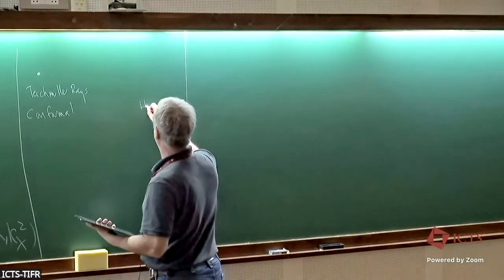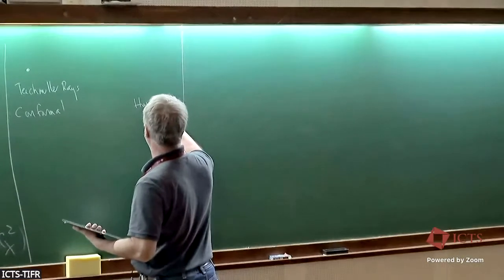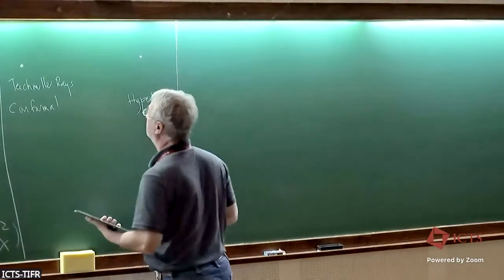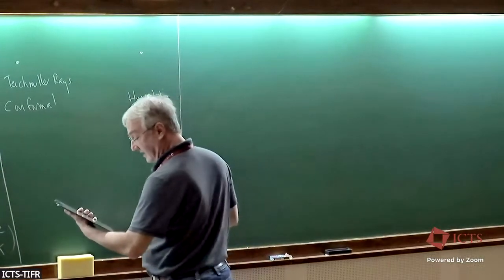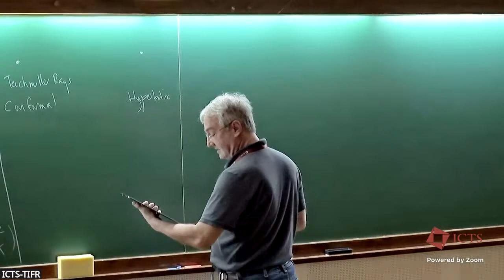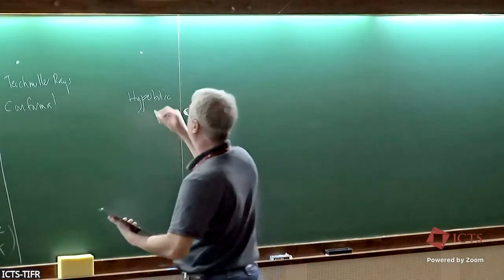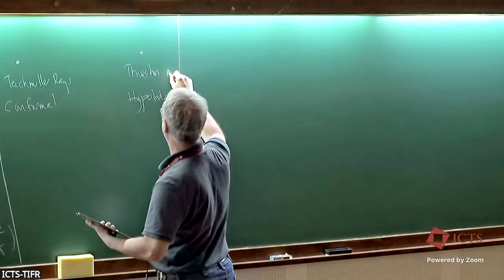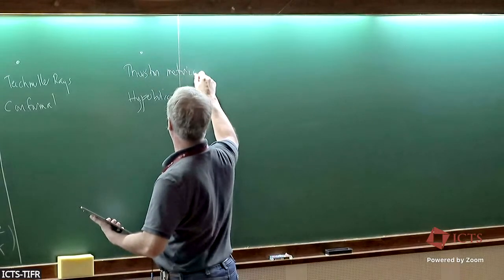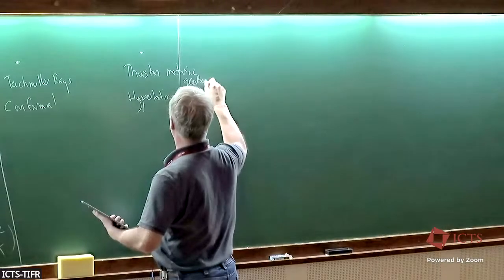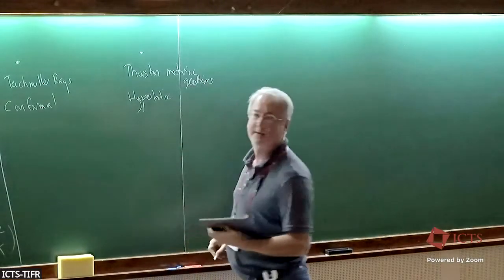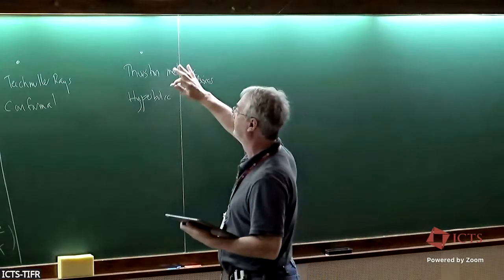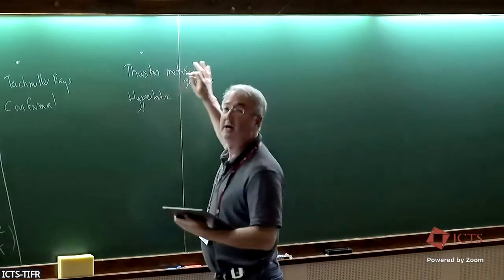And then on the hyperbolic side, something that's gotten a little more discussion, though not so much talked about. It's a bit of a stretch to call these rays, but we have this sort of Thurston metric geodesics. It's just a way to get between hyperbolic structures.